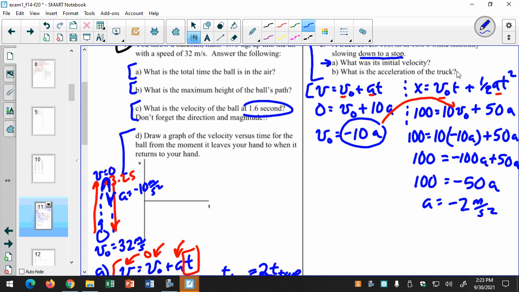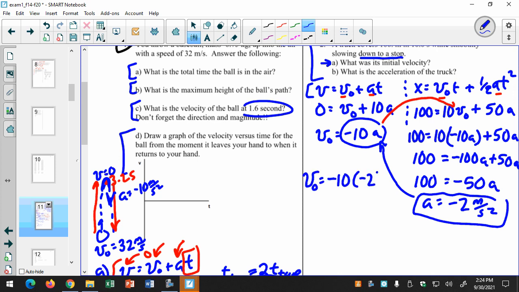Now once I have that first variable, it becomes pretty easy because I take this value for a and I plug it in right here. So I already have an expression for v naught. It's equal to negative 10 times negative 2, and that's equal to positive 20 meters per second. So that's v naught.